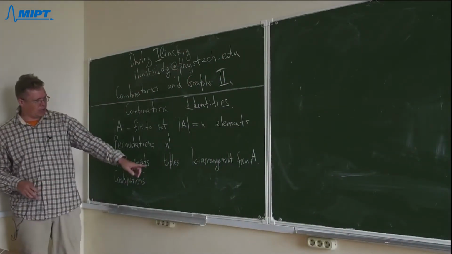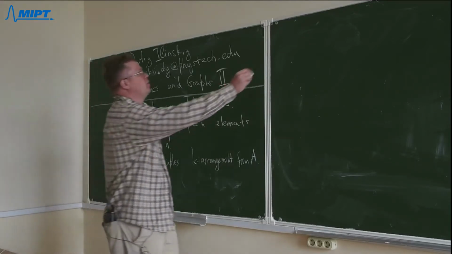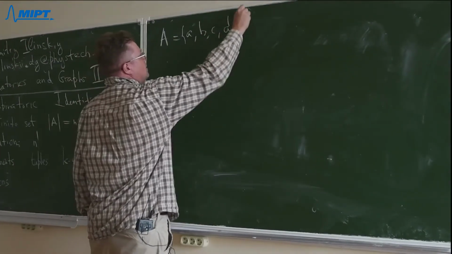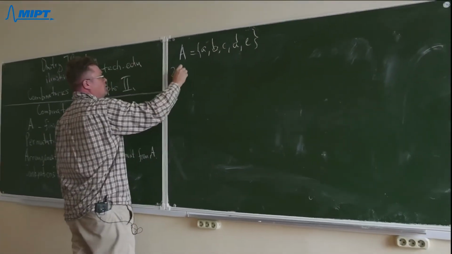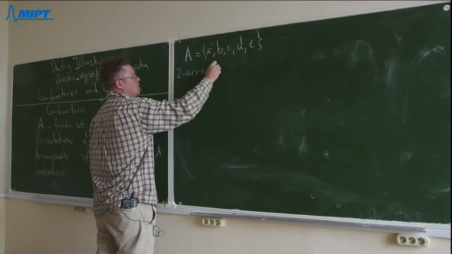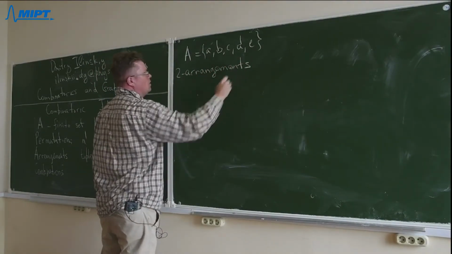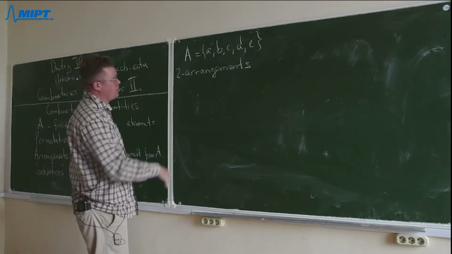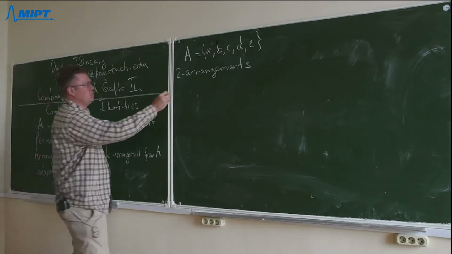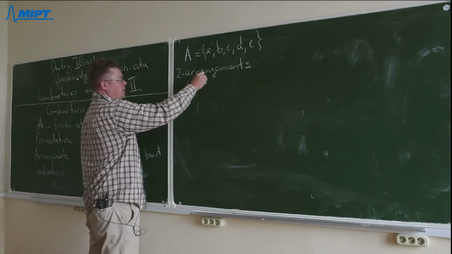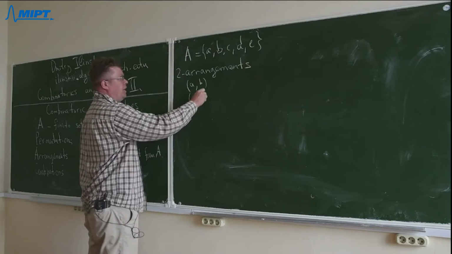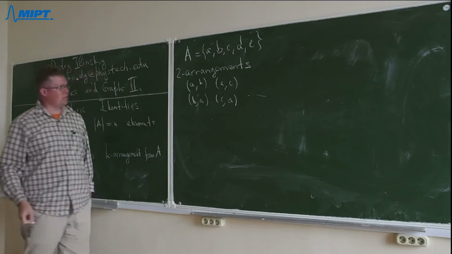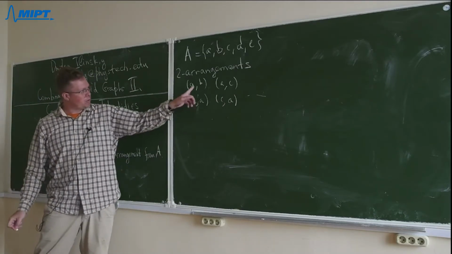So for example, say we have a 5-element set, and you want to get the list of all 2-arrangements. You can take AB, BA, AC, CA, etc. So you care about the order. This is the ordered tuple of 2 elements.